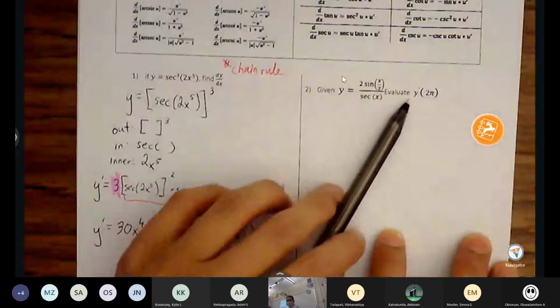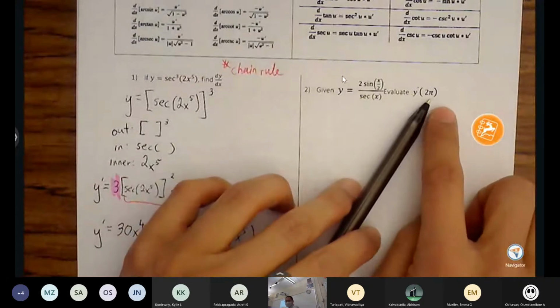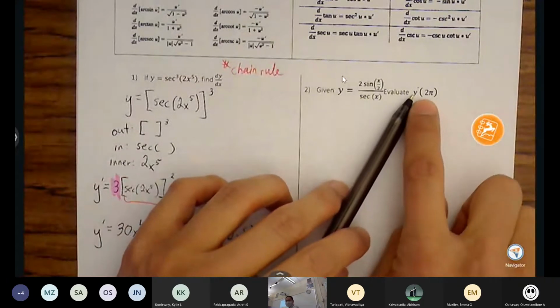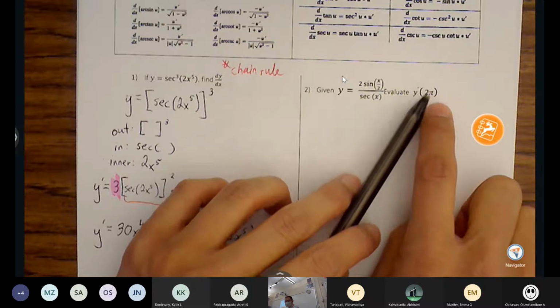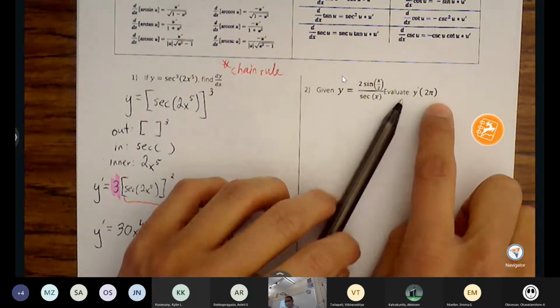We see that it says evaluate y prime of 2 pi. So that means we have to find the derivative first, and then we can evaluate the derivative at 2 pi. So replace all the x values with 2 pi once you get to the derivative.